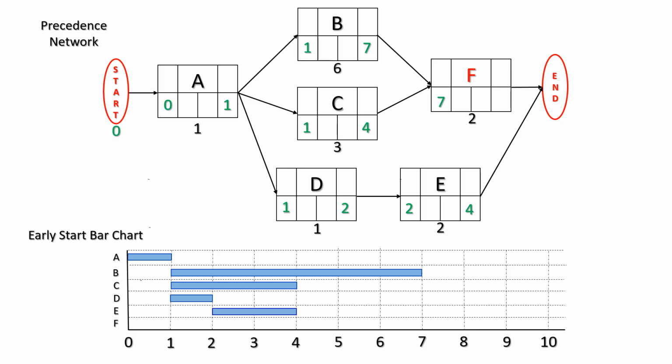With an early start of 7, we can now calculate the early finish of activity F, and that will be the early start plus the duration.